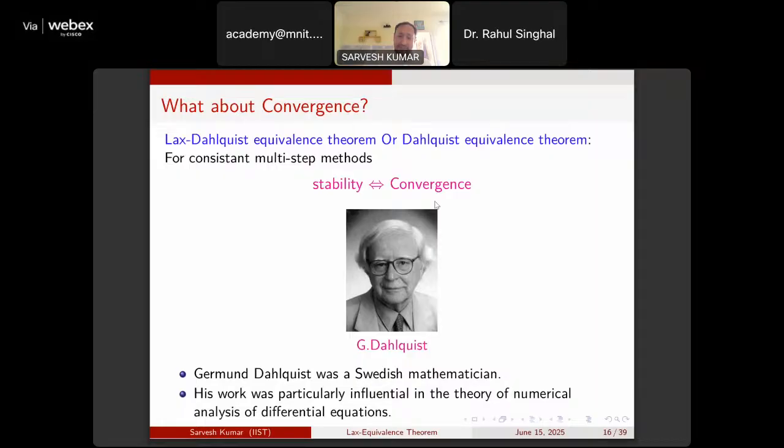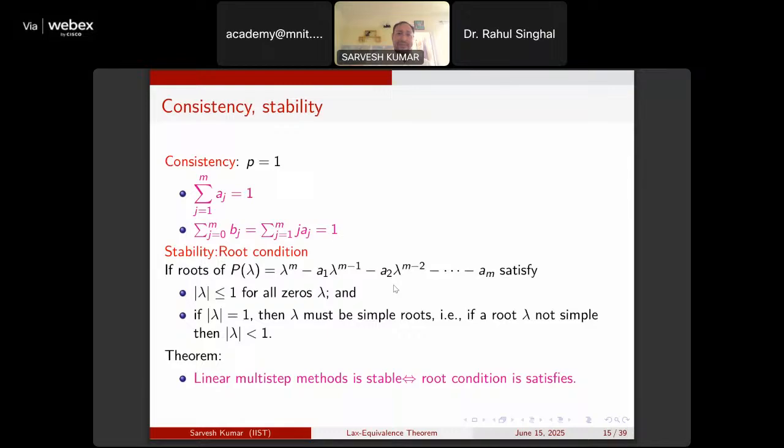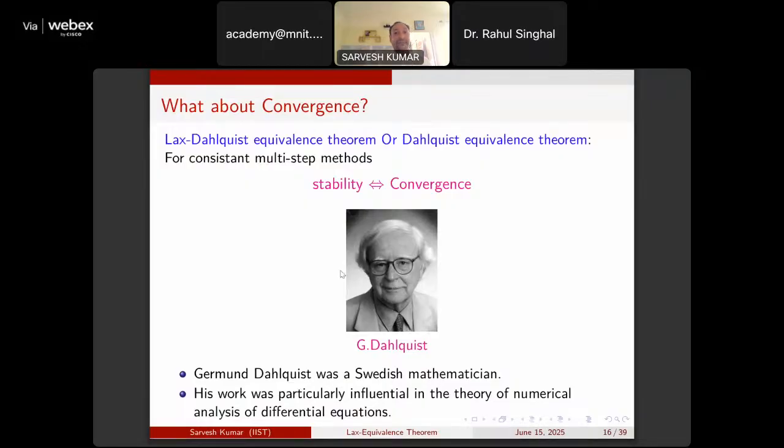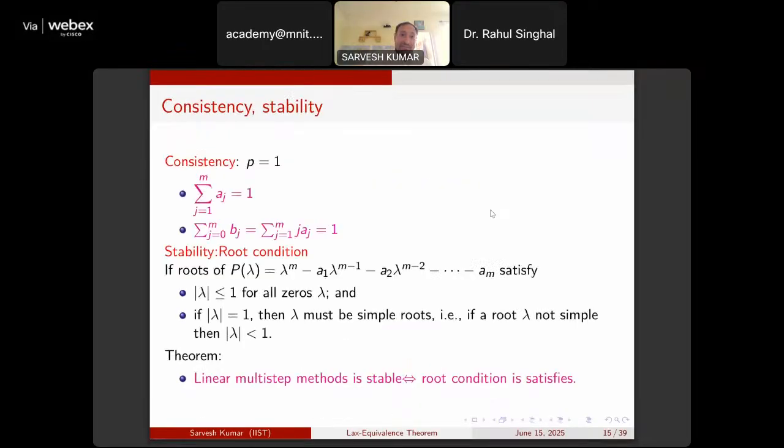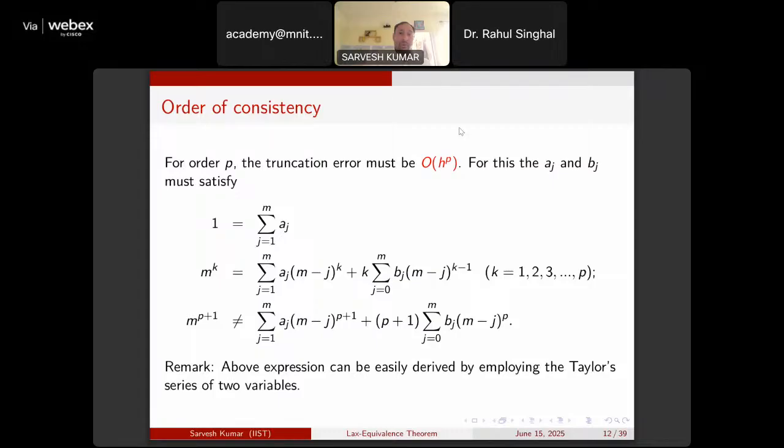So in most of the methods here, proving stability is easier, but proving convergence is difficult. So this theorem helps us: if you have the stability, then it will give the convergence. Moreover, the order of consistency error, this is what I told you: if you have a local truncation error of order p, that would be your rate of convergence.